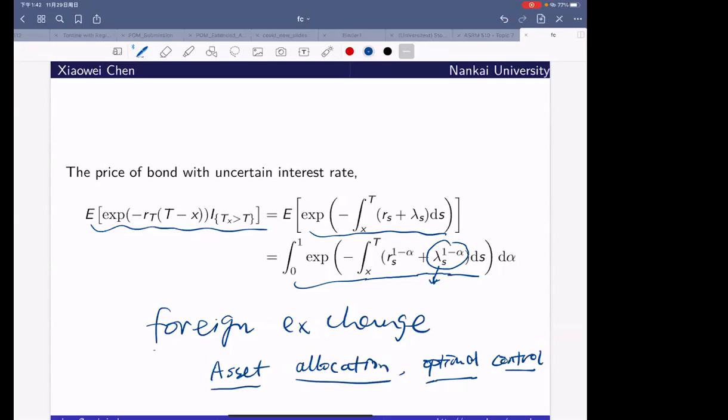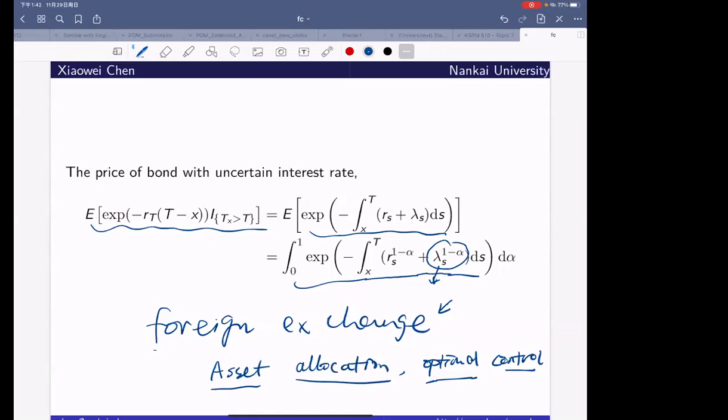For the foreign exchange market, we just put the foreign exchange rate as an uncertain differential equation, and we derive the option on the foreign exchange rate, and we also derive the futures price and other prices on the foreign exchange rate.